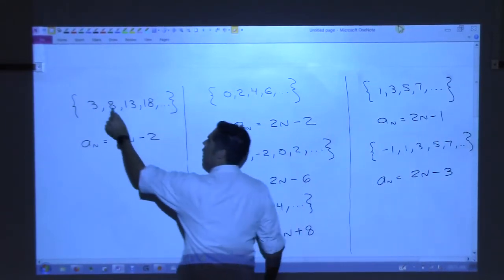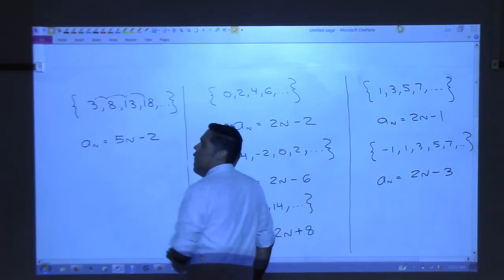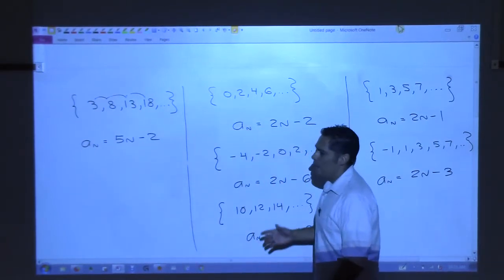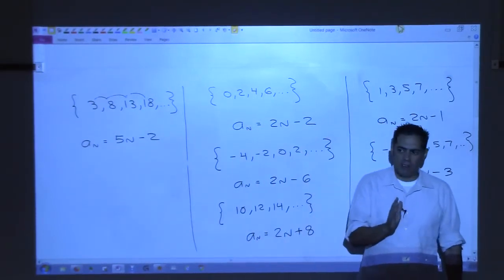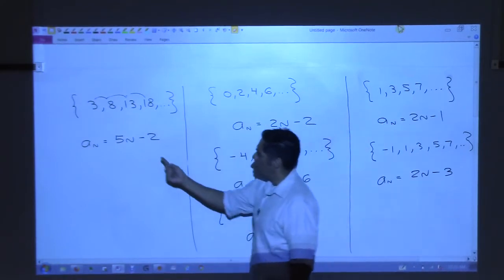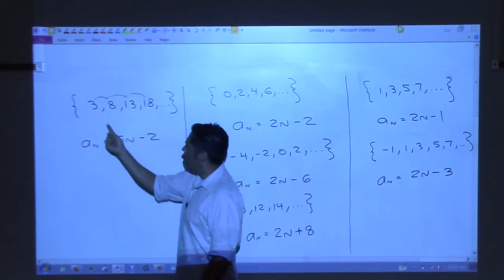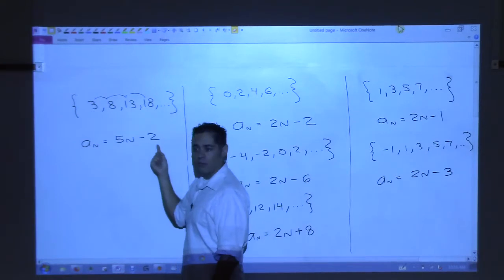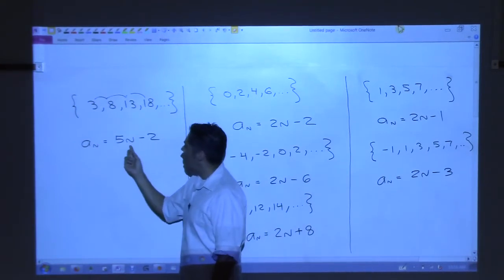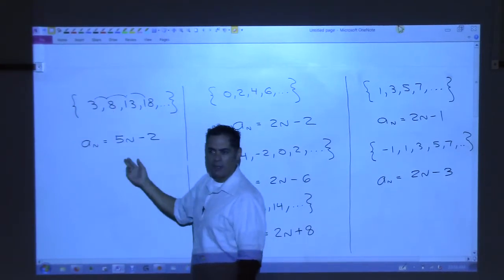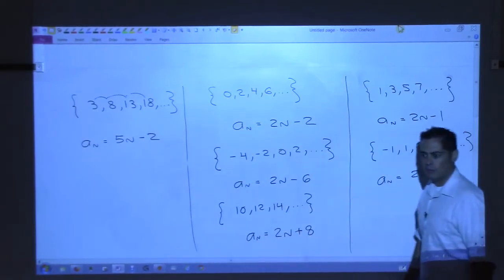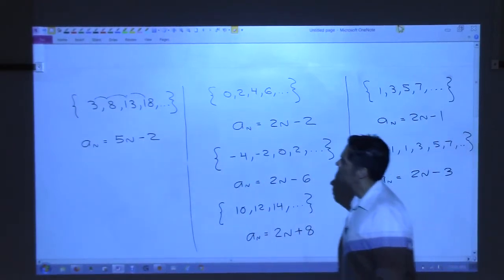Here, the common jump is 5, 5, 5, each time. Because of that, we know that we can use 5n. The question becomes, where do we start it? If we plug in 1, we get 5, but we want it to be 3, so we subtract 2. Now if we plug in 2, we're going to be at 10, minus 2 will be 8. Good.